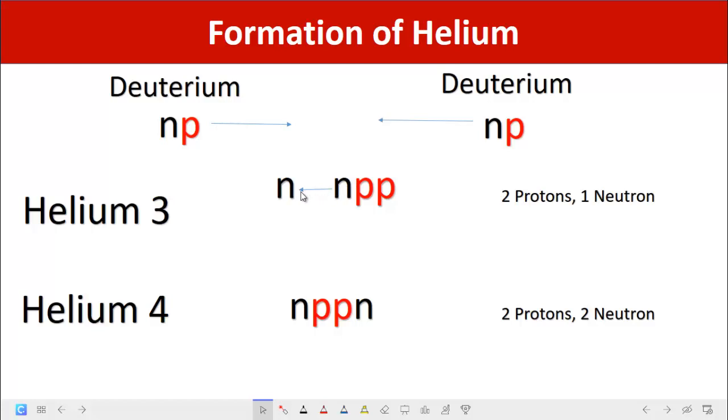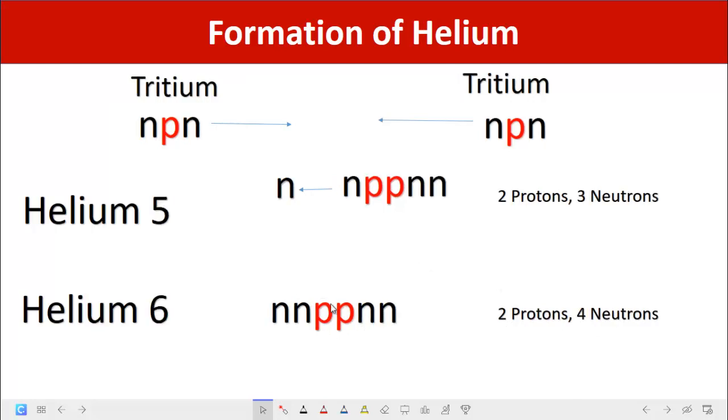One decayed, and this one combined, so we have 2 protons and 1 neutron. This is called helium because the number of protons of helium is 2. So this is called helium 3 because there are 3 particles. This is also helium 4 because there are 4 particles, 2 protons and 2 neutrons, that is helium.